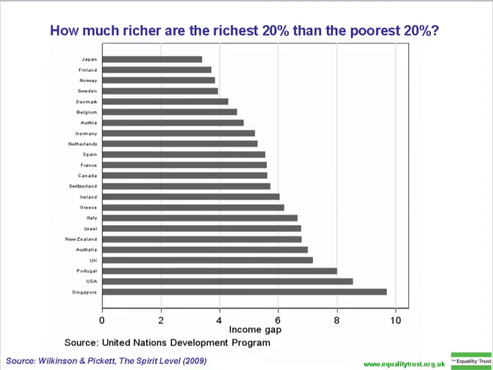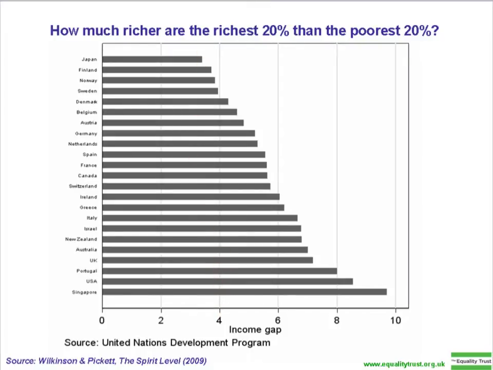This is showing you how much richer the richest 20% of income earners are within each of these countries compared to the poorest 20%. At the top of this chart, we can see those developed countries where the gap is the smallest. In countries like Japan and the Scandinavian countries of Finland, Norway, Sweden and Denmark, the richest 20% on average are earning about 4 times as much as the poorest 20%.